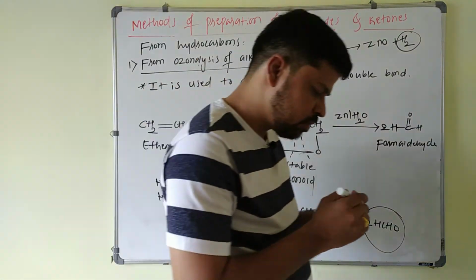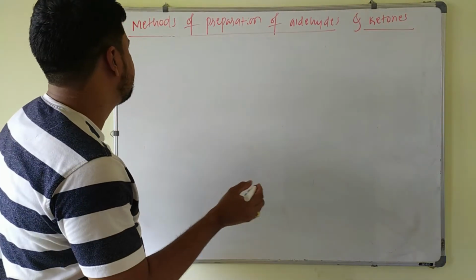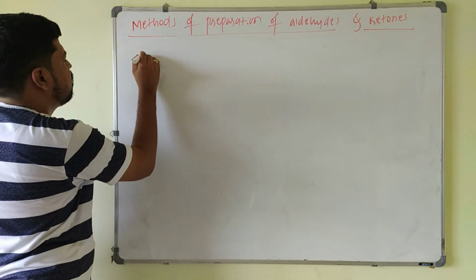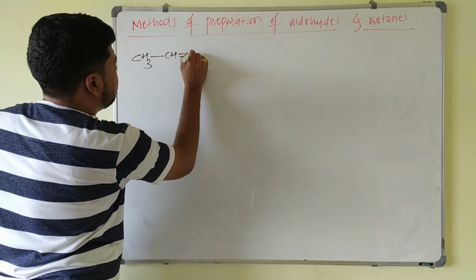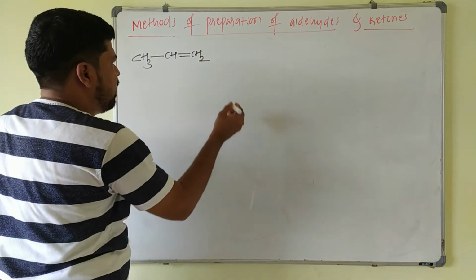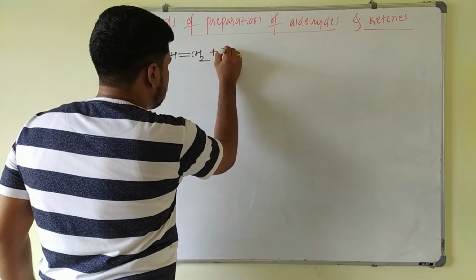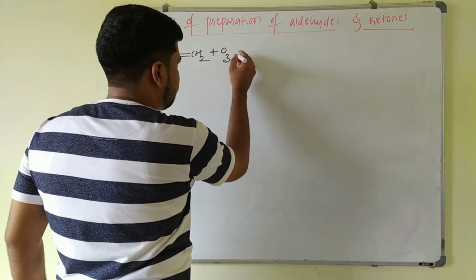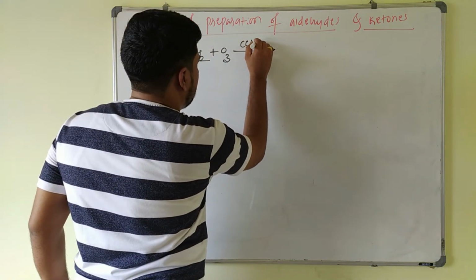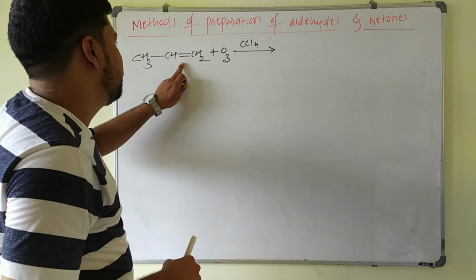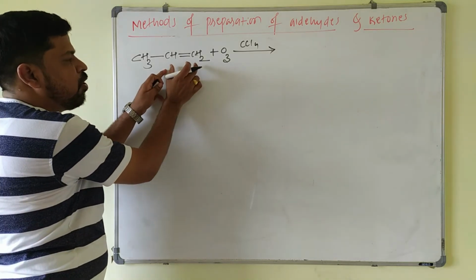Next point. The next example is if I take CH3 CH double bond CH2, that is propene. This on treating with ozone in presence of CCl4, again you have to form a 5-membered ring across the double bond.